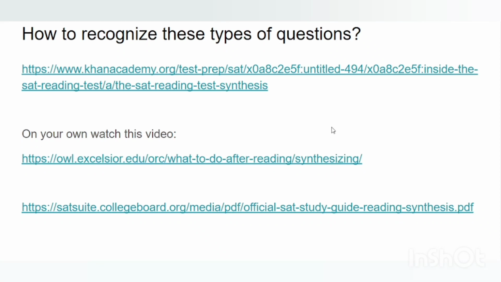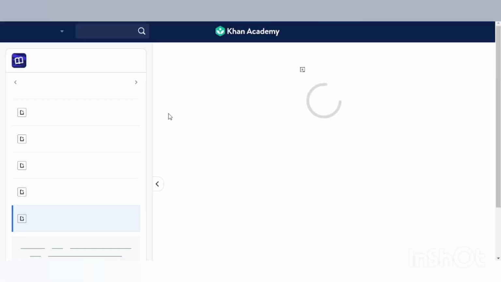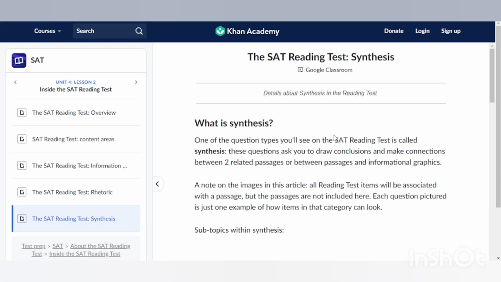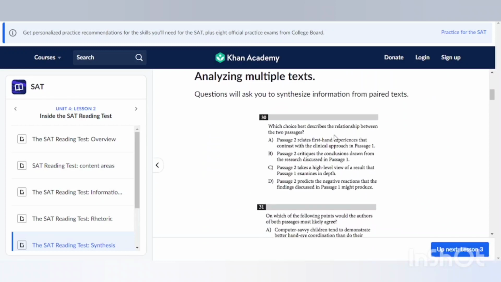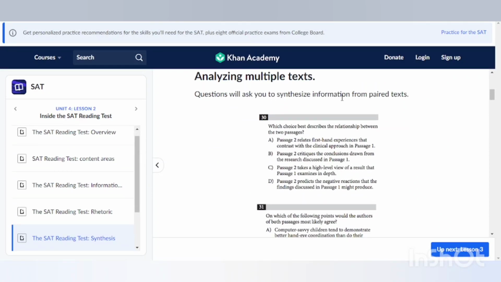Now, how do I recognize synthesis questions, right? This is another resource I found, and it says here, questions will ask you to synthesize information from paired texts or passages. For example, which choice best describes the relationship between the two passages?